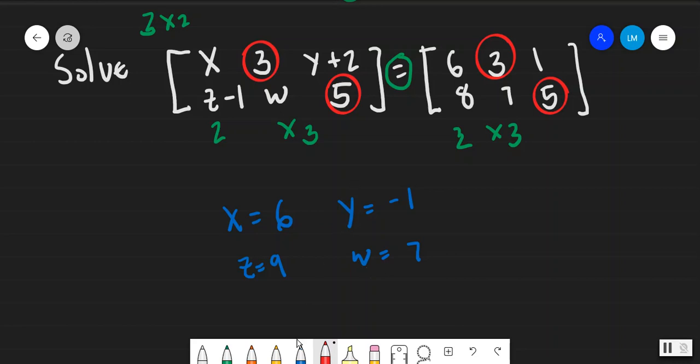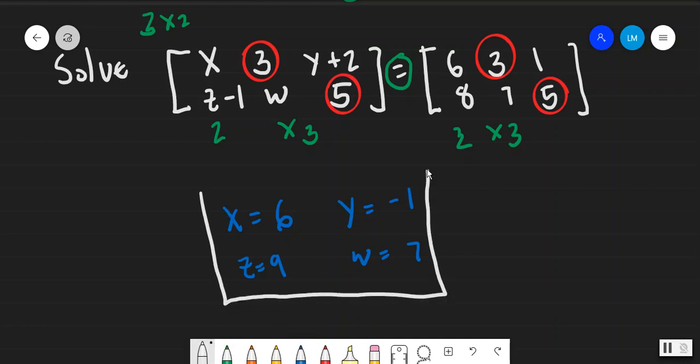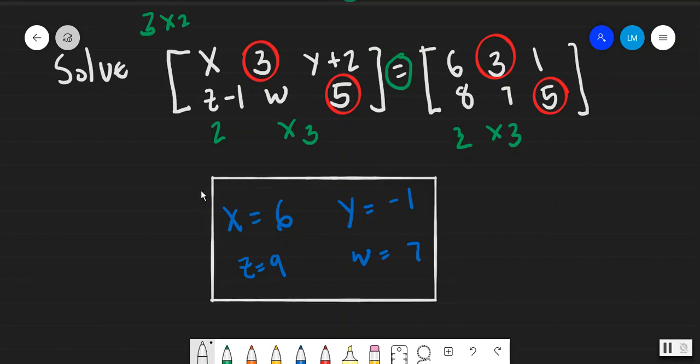So this is a typical question asked in an exam, where you solve for the unknown variables if the matrices are equal, but only if the dimensions are the same. In the next section, you're going to look at matrix multiplication, and I'm going to have you come back to equality of matrices and solving those.